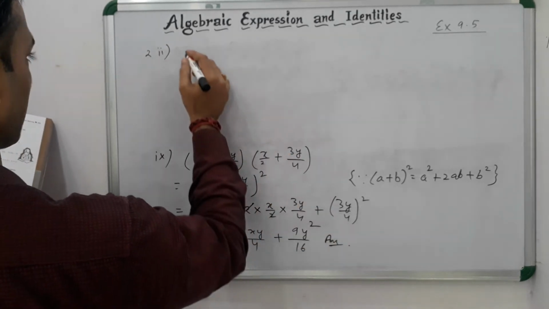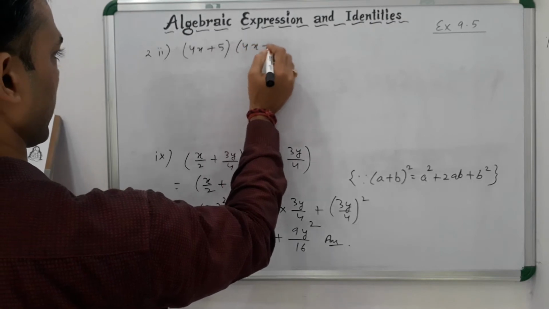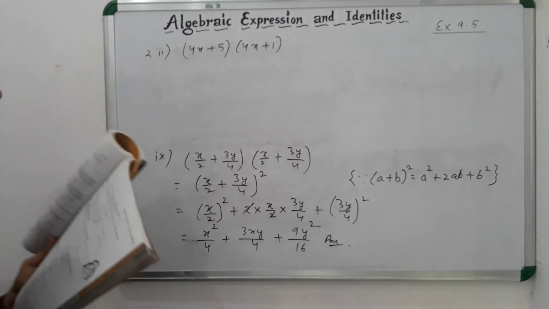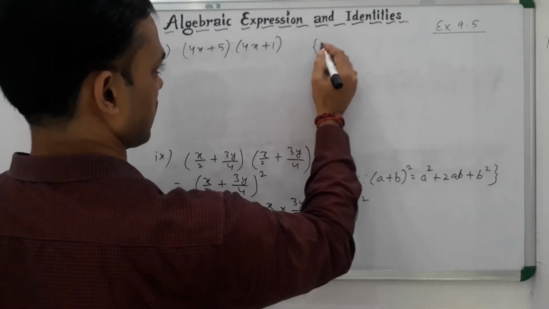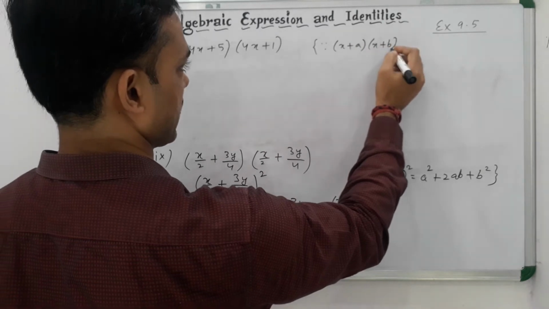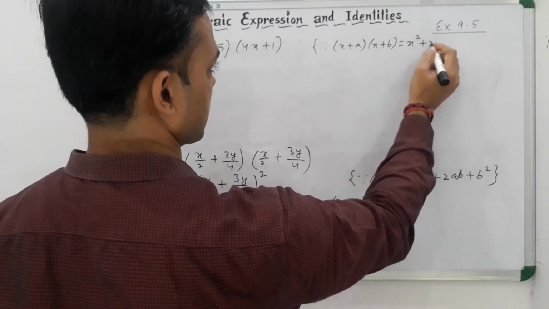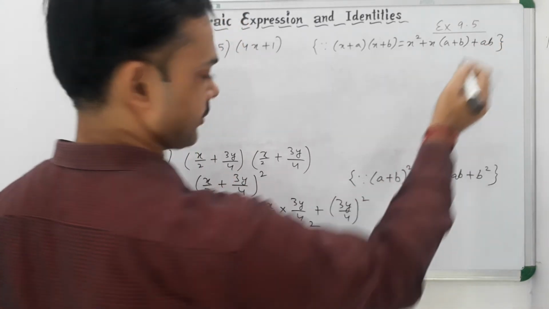In it is mentioned 4x plus 5 and 4x plus 1. Okay. Now you will know that x plus a into x plus b equals x square plus x in bracket a plus b plus ab.